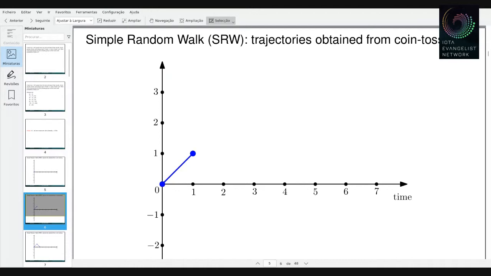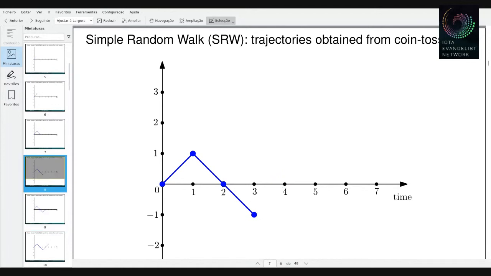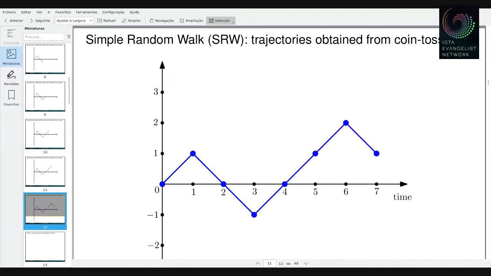Each time you obtain heads, the walk will go up. Each time you obtain tails, the walk will go down. So you obtain heads, then tails, and the walk goes down, then down again, then up, then up, up, down, and so on.